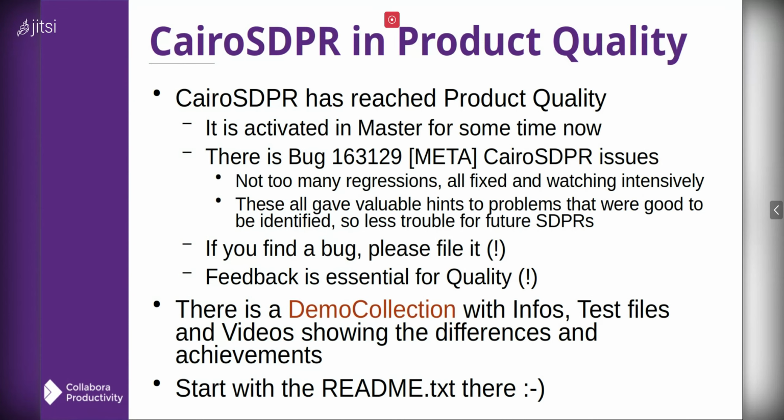But I do that now in Cairo SCPR because I did not find a good way to do it like I just described. And it's just hard and much more work than doing it in the renderer.